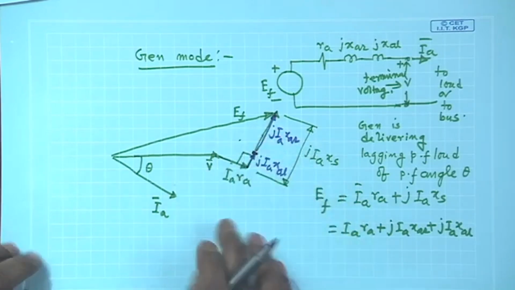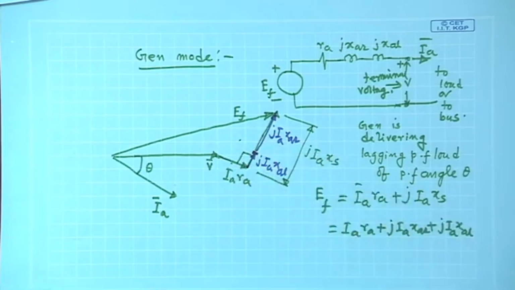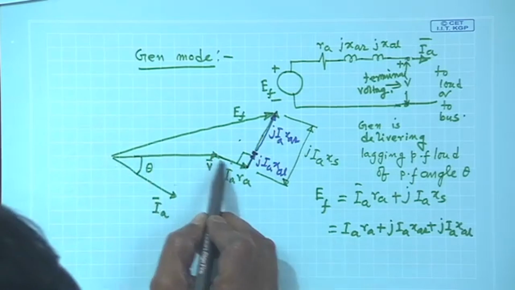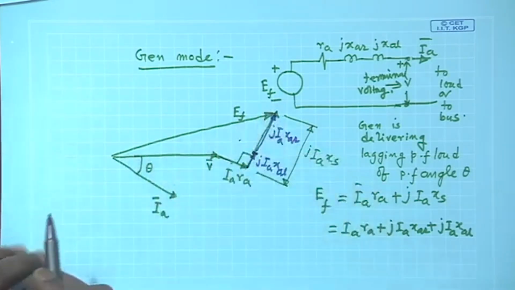It will not be necessary to break up XAL and XAR to find the expression for power or the expression for torque, but here I want to show you. So, V plus IA RA plus J IA XS will give you EF.